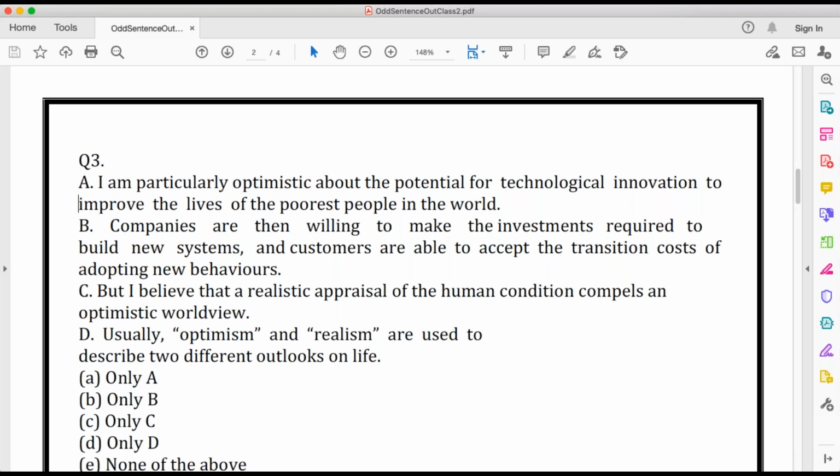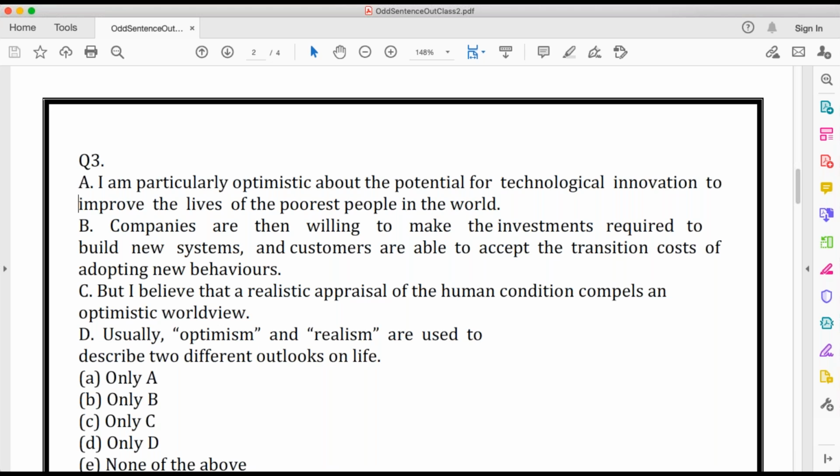Is it clear to everyone? Any doubts? Okay, perfect.